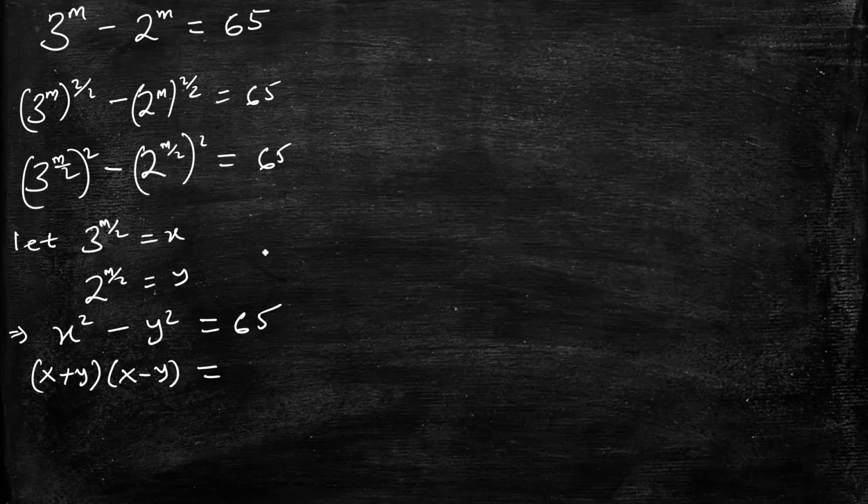Now let's adjust the 65. Now the 65 is the same as 13 times 5. But x plus y is more than x minus y, since this one is positive and this one is negative.